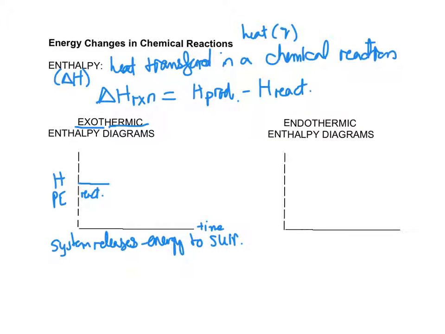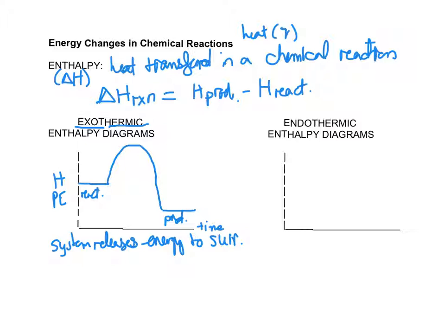So let's say my products are right here. And again, if you know what your products are, like my example of magnesium and oxygen, then in the products I would write MgO, for example, as opposed to the word products. Now we remember from last year that it doesn't go directly downhill like that. It goes up in a little hill and then it goes down.